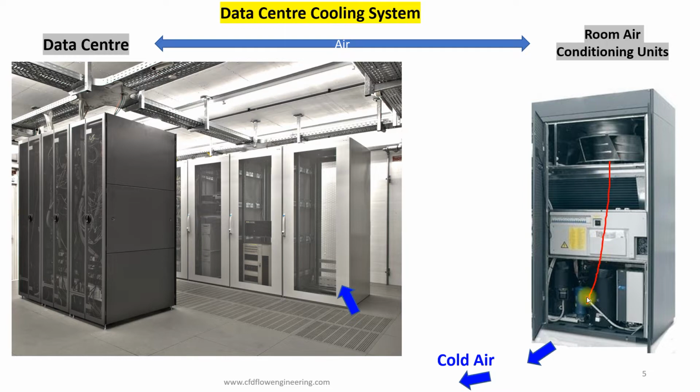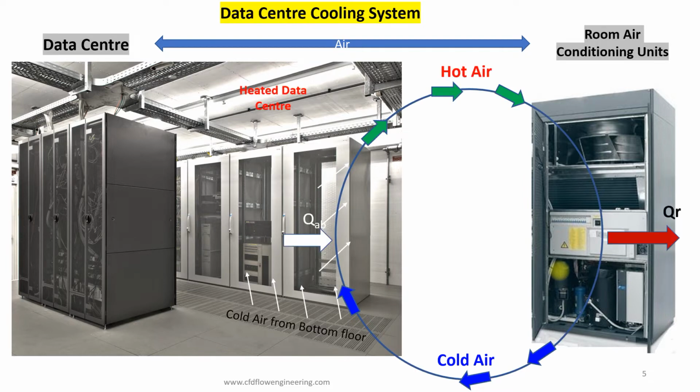This hot air passes through RAC unit. Its temperature reduces, and cold air flows through the bottom floor, and then it flows through these perforated tiles. The heat generated by server is dissipated into air.